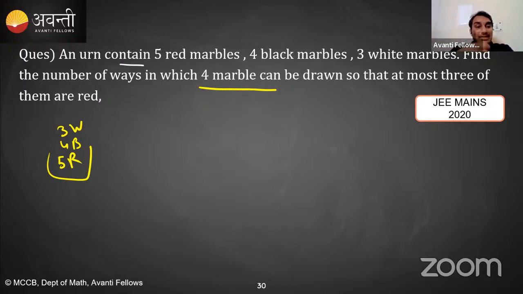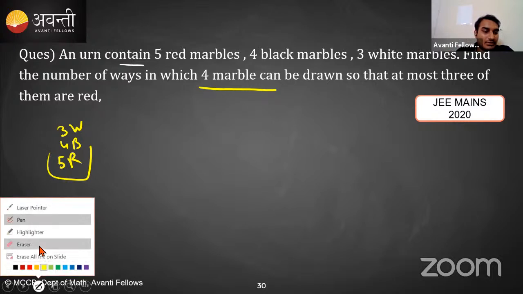Means you have to select 4 marbles such that at most 3 of them are red. Means you can select 4 marbles such that none of them is red, or 1 of them is red, or 2 of them are red, or 3 of them are red. That's all, right? Clear? So that is the answer. That is what your question is saying.